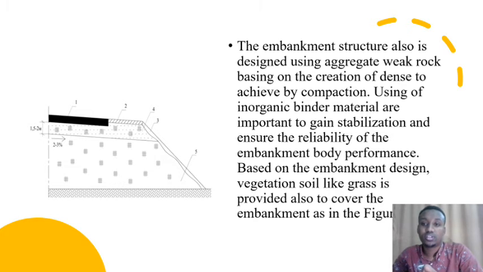The embankment structure is also designed using aggregate weak rock based on the creation of density achieved by compaction. Using inorganic binder material is important to gain stabilization and ensure the reliability of the embankment body performance. Based on the embankment design, vegetation soil like grass is provided to cover the embankment as shown in figure number 2.